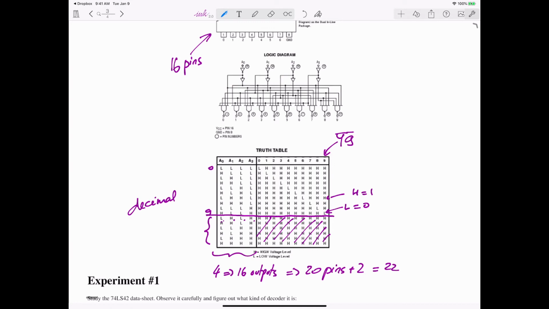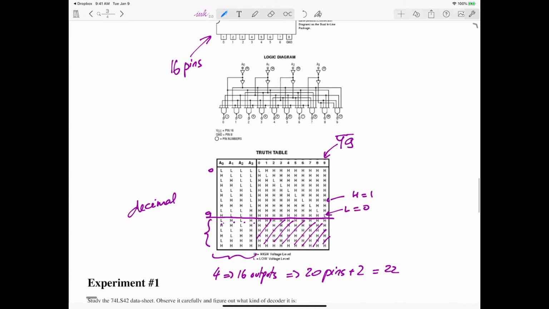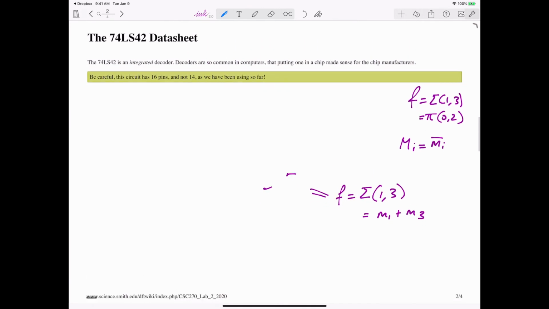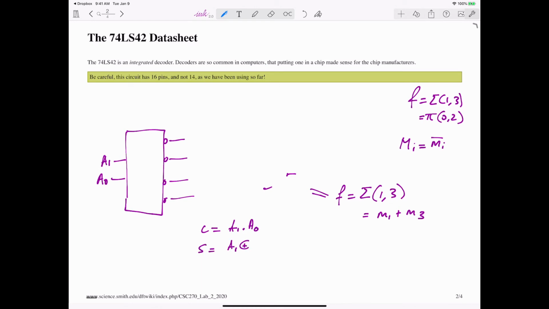If you want to use this to implement a 2-bit adder, for example, we know how to do that with a 2 to 4 decoder. If I have a 2 to 4 decoder with inputs A1, A0 and active low outputs, I know that the carry is A1 and A0, and the sum is A1 XOR A0, which is also A1 bar A0 or A1 A0 bar.